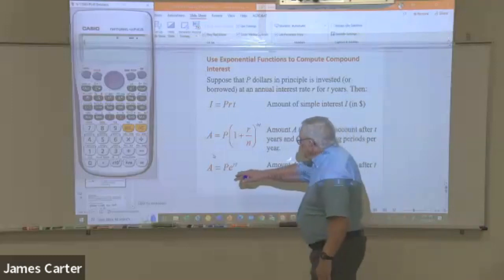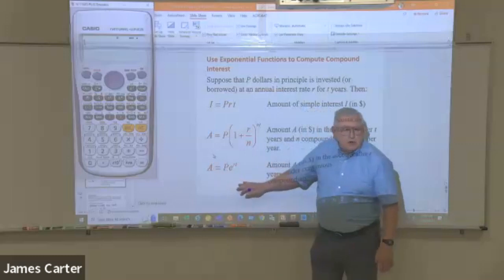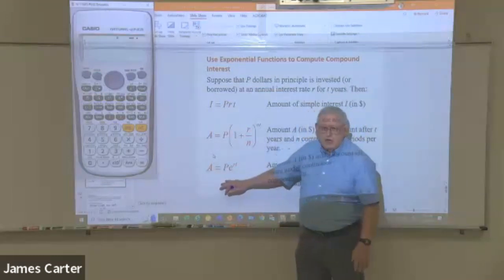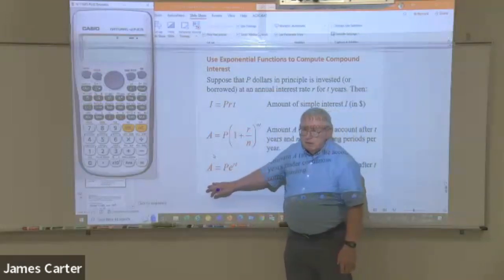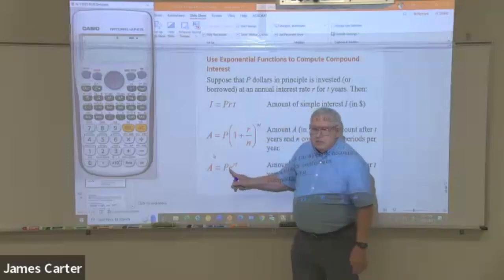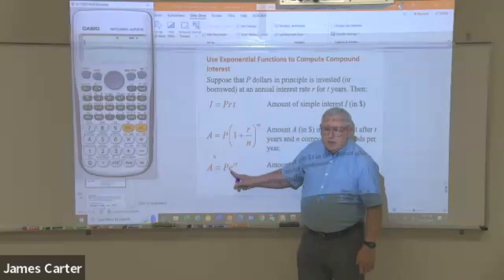And then finally, we have what we call continuous or infinite interest calculations. Okay, and here's where E comes in. Here's where that never-ending decimal comes in.